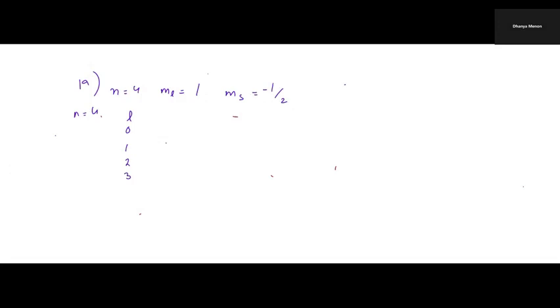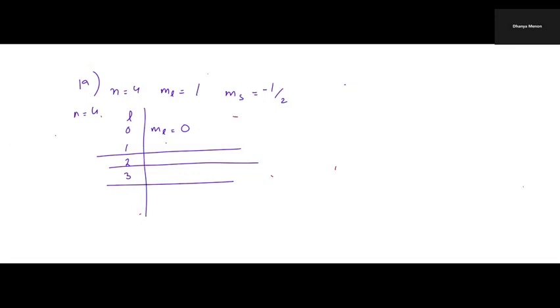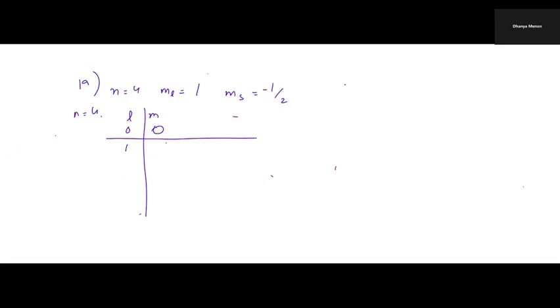Now, when L value is 0, ml is 0. When L value is 1, we have minus 1, 0, plus 1.